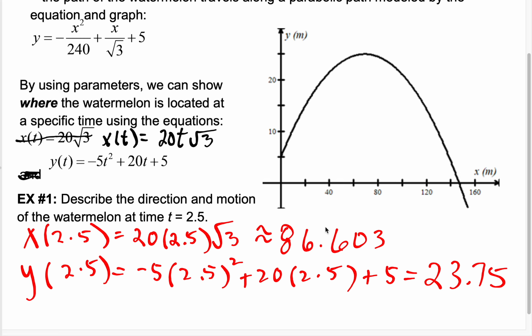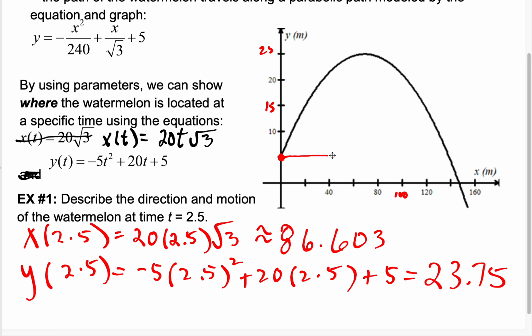So let's describe what that means. As you can see, this would be 100, and as we go up here, this is 15, 25. So x of t is our horizontal movement, and y of t is our vertical movement. We're trying to figure out the direction and motion of the watermelon at t equals 2.5.